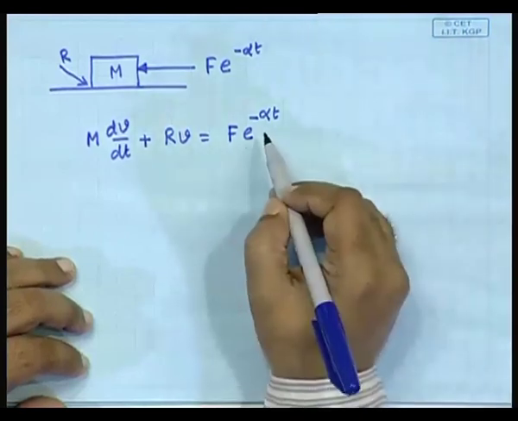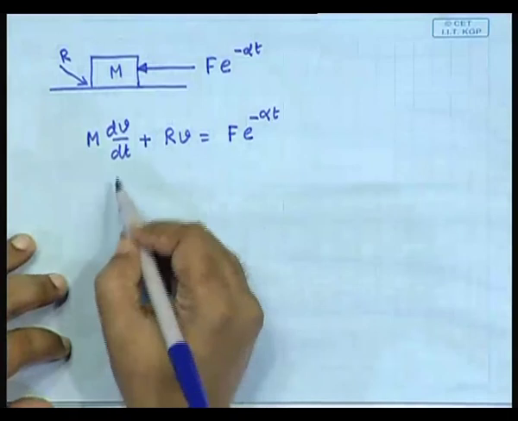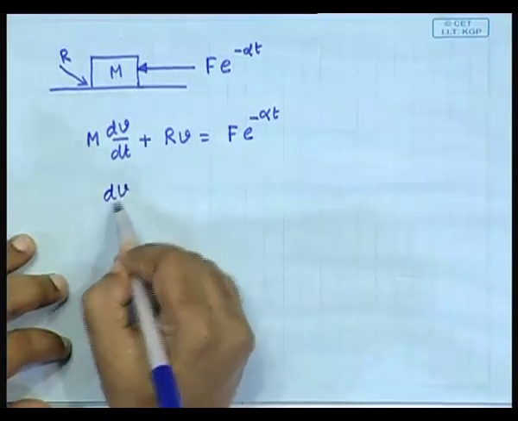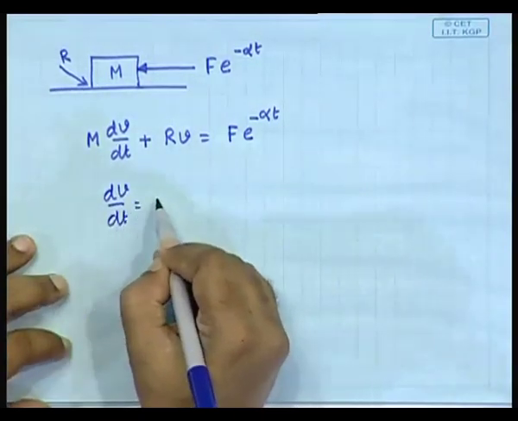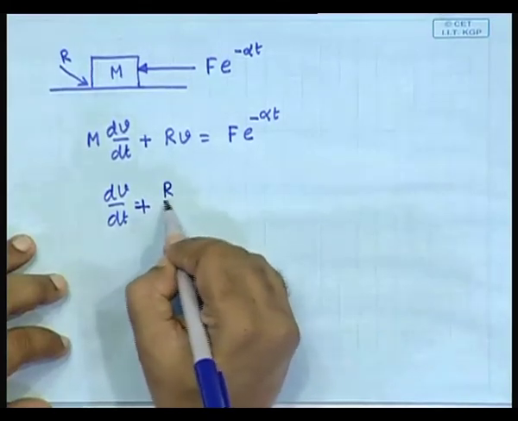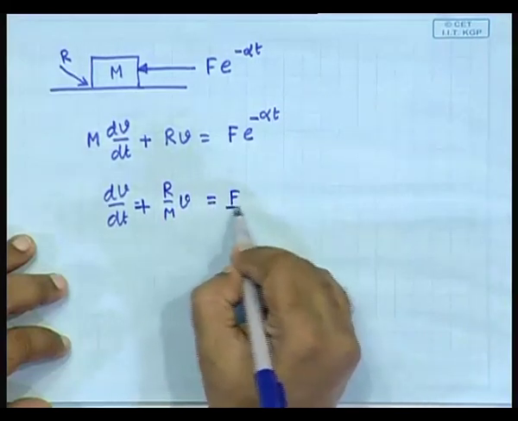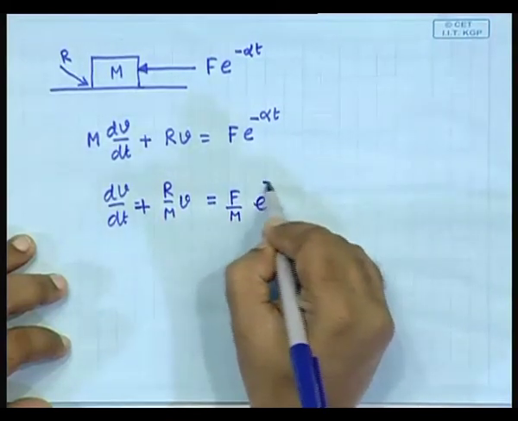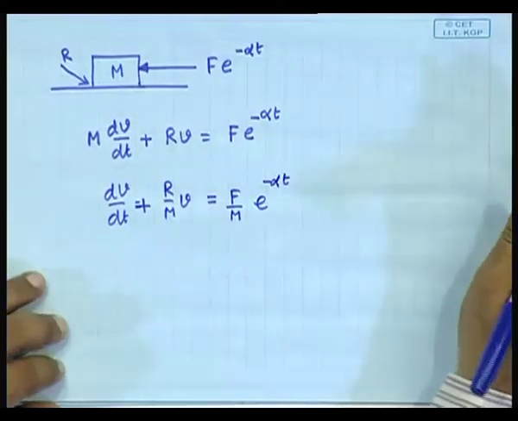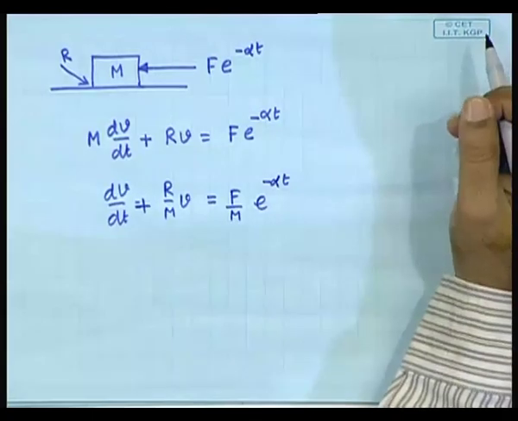So, that is the simple equation for this system, or if you write it properly, dv/dt plus r by m v is equal to F by m e to the power minus alpha t. Okay. Now, what can be a trial solution?